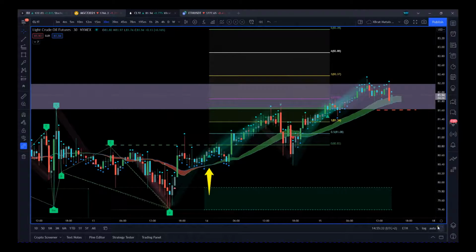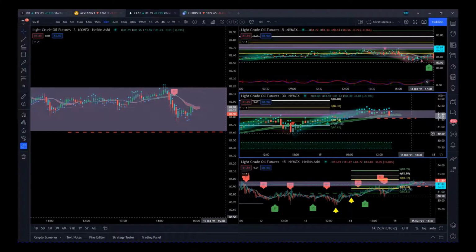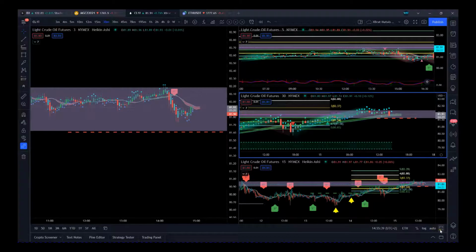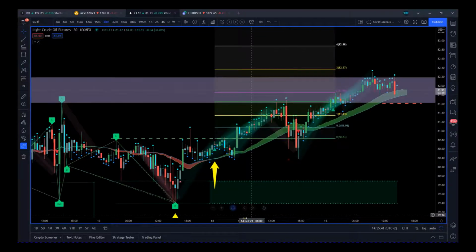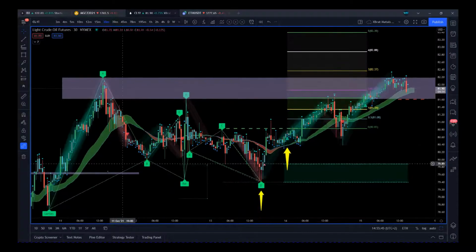So the point of today's video really was to look at multiple time frame strategies. So when we have that day trading bundle, and on the 30-minute time frame we're getting all of these harmonic patterns complete in the automated completion zone with resulting bullish trades because it's painted green.